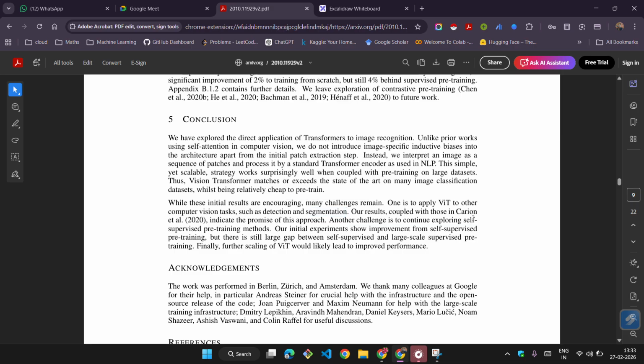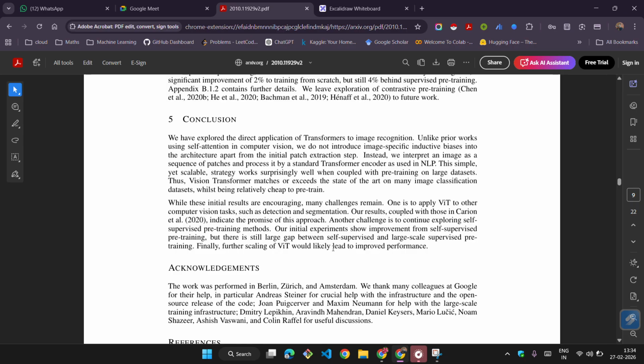Our results coupled with those in prior work indicate the promise of this approach. Another challenge is to continue exploring the self-supervised pre-training methods. Our initial experiments show improvement from self-supervised pre-training, but there is still a large gap between self-supervised and large-scale supervised training.